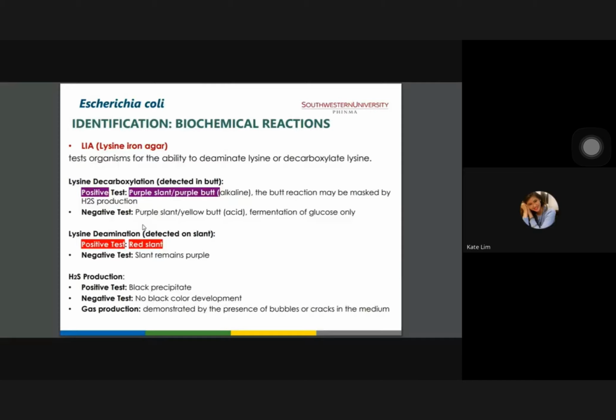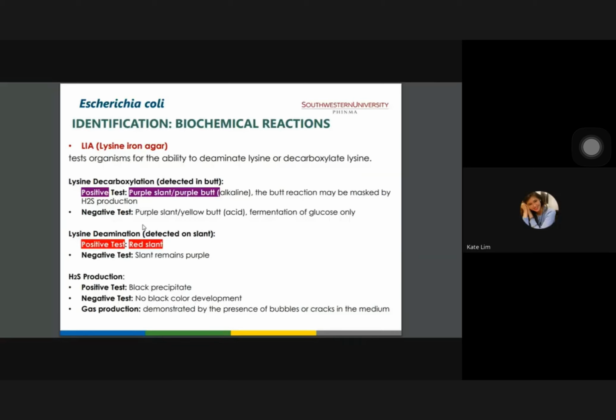Because in lysine decarboxylation, there is this product that could actually neutralize the acid, which we call cadaverine. Cadaverine neutralizes the acid in the butt, so it turns the yellow acid back to purple. So, that purple butt is positive for decarboxylation. That red slant is positive for lysine deamination.